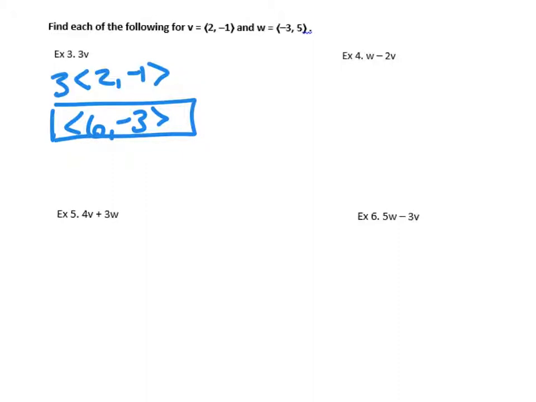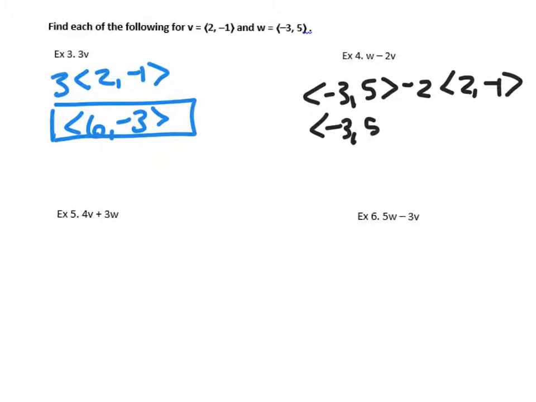Because as long as I give you that vector with these little arrows around it, that means it's component form. That means the initial point is at 0, 0. This is the terminal point. So if I do w minus 2 times v, that's -3, 5.